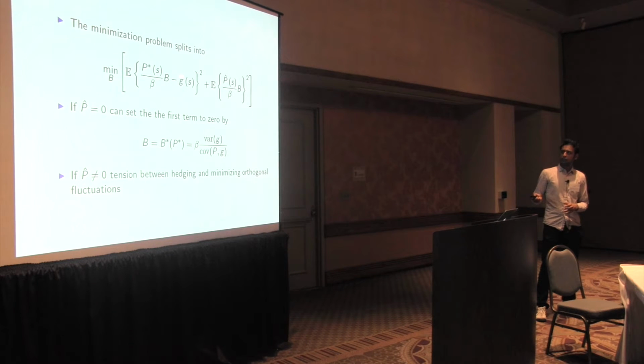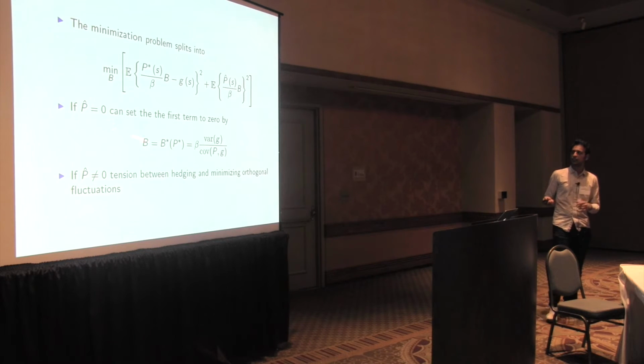It's just splitting the same variance minimizing problem. The first term is choosing B to minimize the fluctuations which are completely correlated with G. And the second term is how much the orthogonal component contributes to the variance.